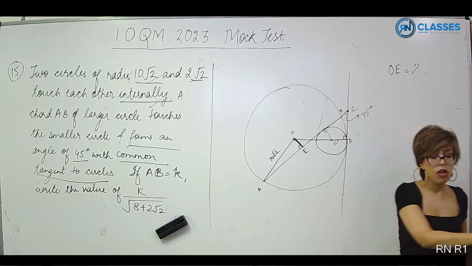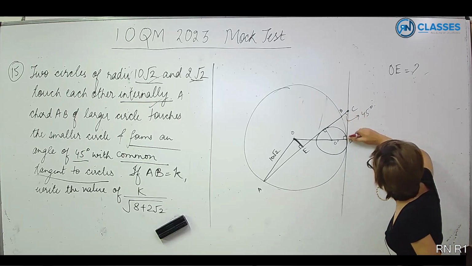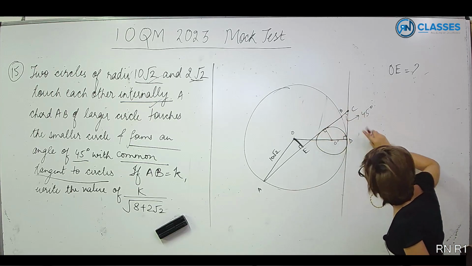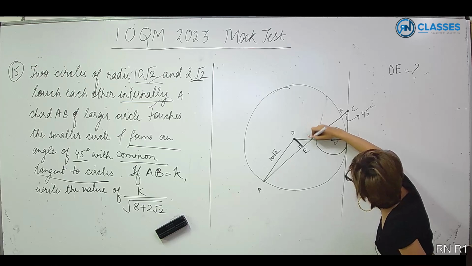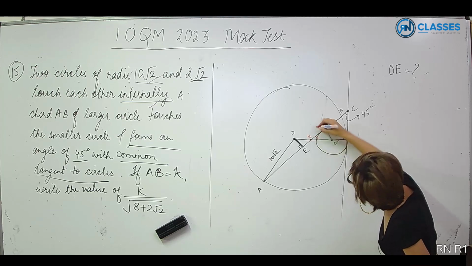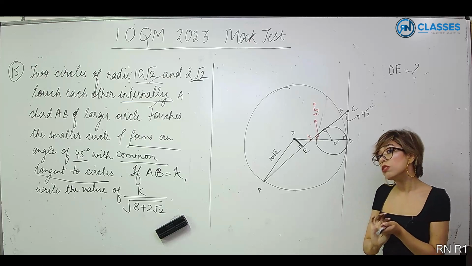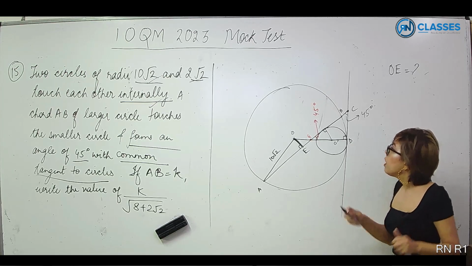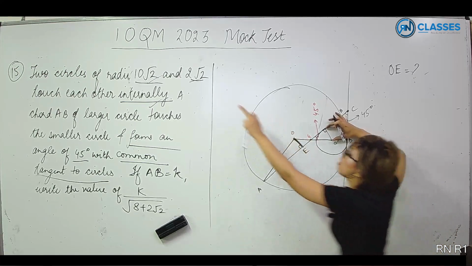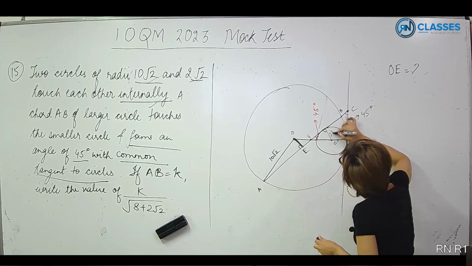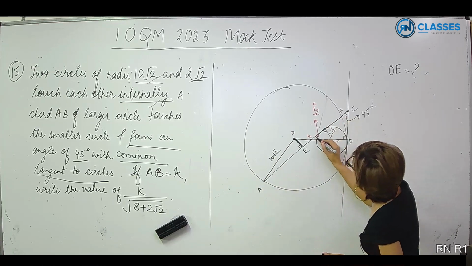Right? Now, if this angle is 45 degrees, this angle is 90, that means in this triangle, if I call this point S, this angle is 45 degrees. I might be able to use it. Let me see how. Now, this length, this is the radius, that is 2. Right? This angle is 45 degrees.